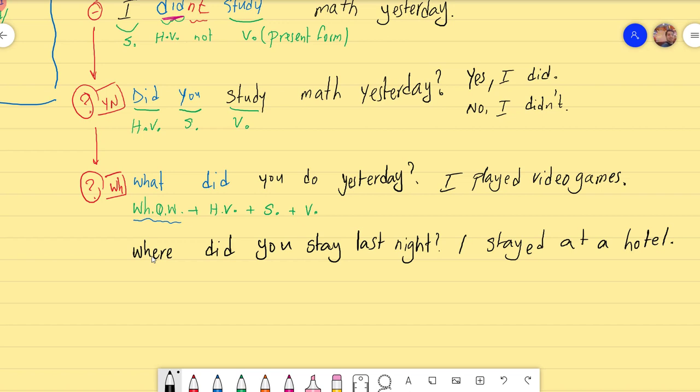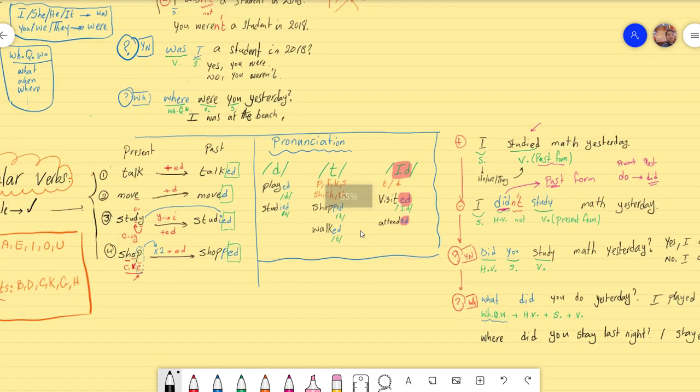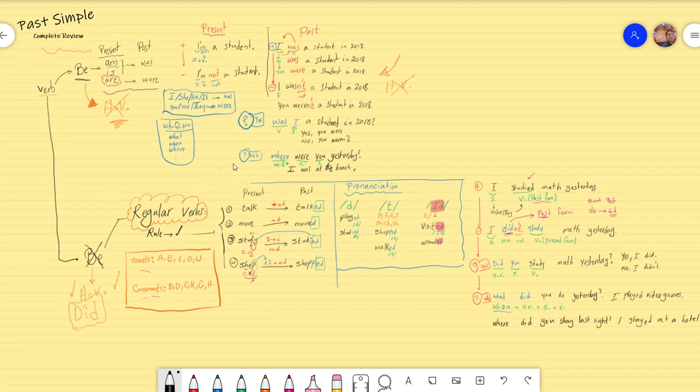Good. So these are the WH questions. So let's have a review of what we have done so far. Okay, so we are talking about past simple. We said if the verb is be, we use am, is, are, and then the past is was, were.